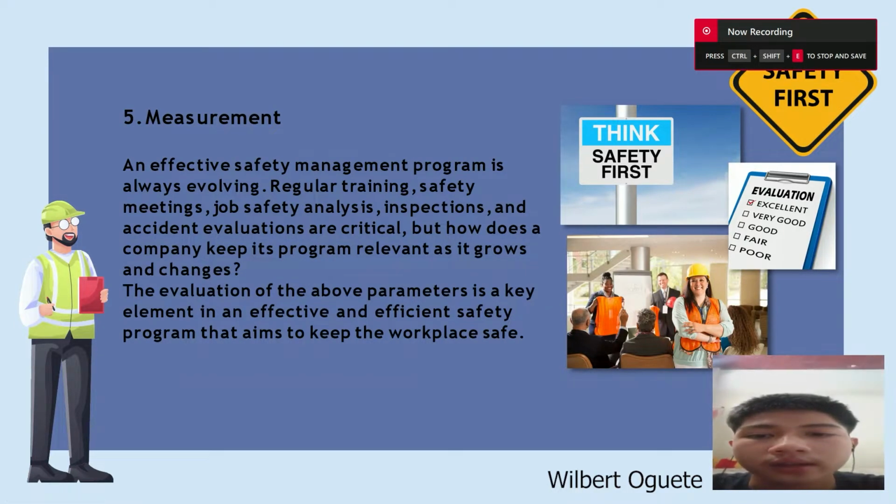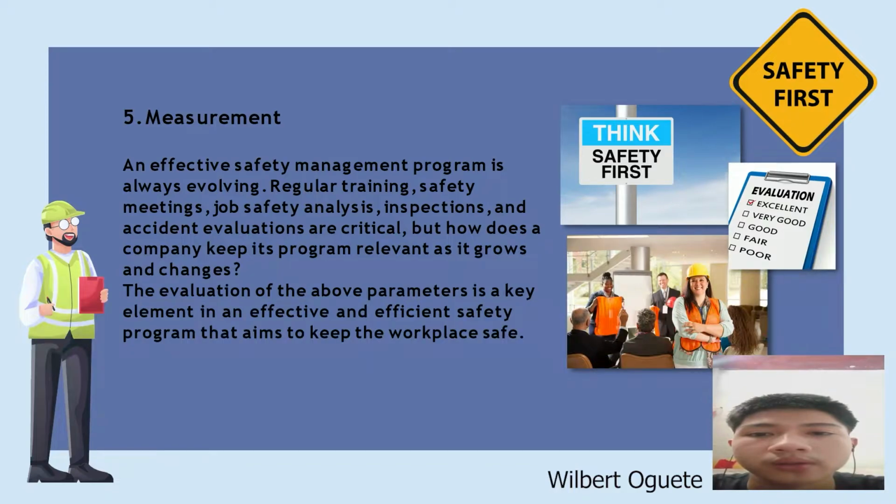Number 5. Measurement. An effective safety management program is always evolving. Regular training, safety meetings, job safety analysis, inspection, and accident evaluation are critical. But how does a company keep its program relevant as it grows and changes?